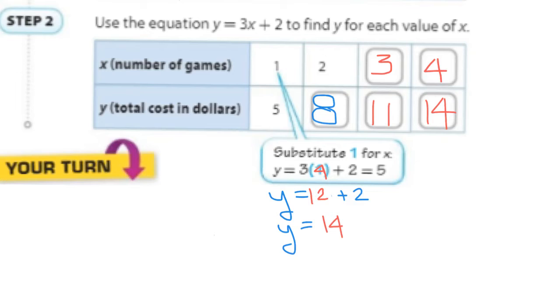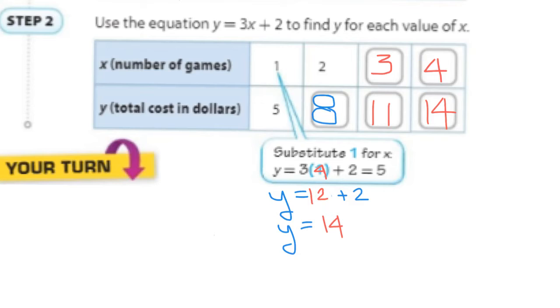While it's fantastic that we completed this table, what does this table actually mean? Well, if I bowl one game, I'm going to pay them $5. 2 games, I'll pay $8. 3 games, I'll end up paying $11.